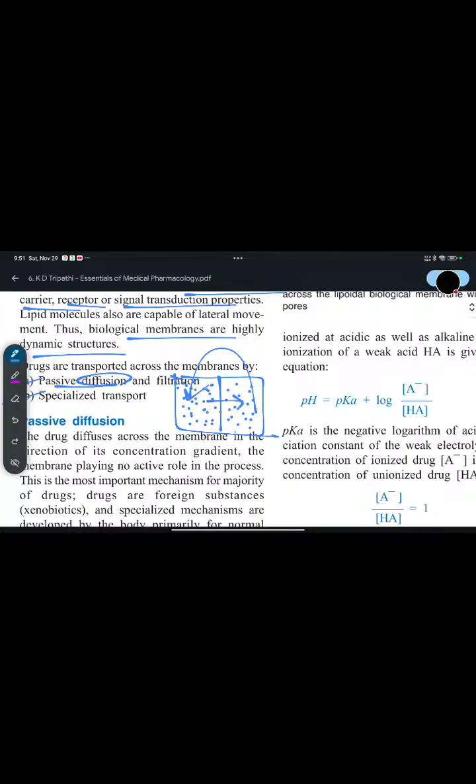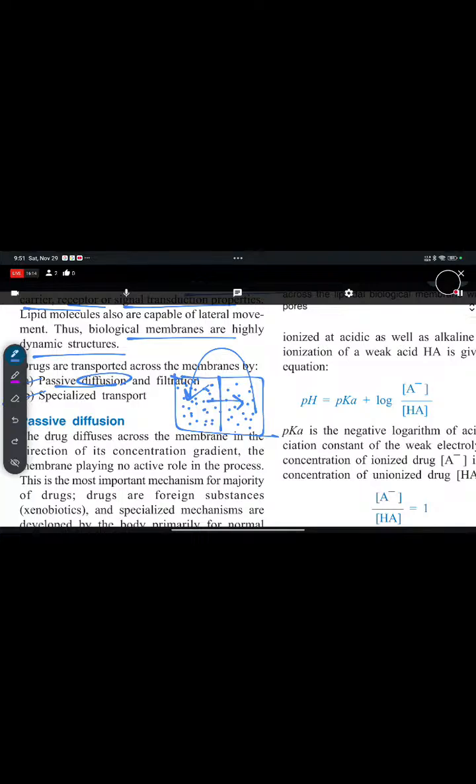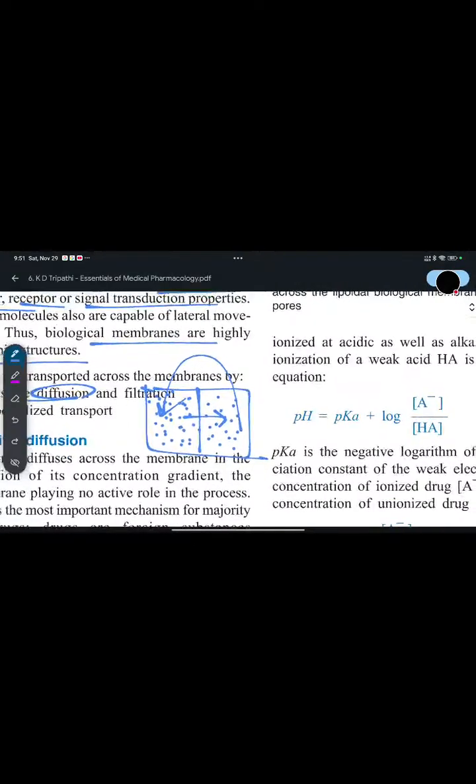Very simply, if I give you one real life example, if you have ever traveled by train, there are two bogies or two compartments, or two rooms. In one room many people are there, in the other room very few people. What will happen? People will go from the highly concentrated room to the low concentrated one.